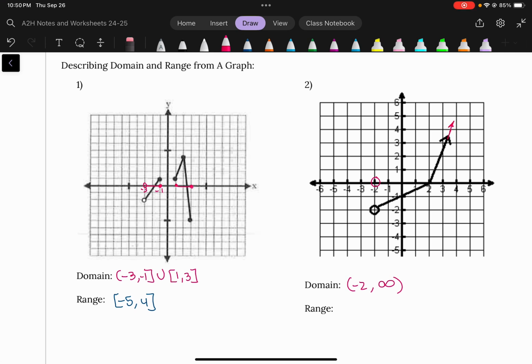So we could also say that the lowest y value is -2 up to infinity. So the lowest y value right here is -2, and every y value is covered by this function. Okay? The open circle, closed circle is what I use to determine whether I'm going to use included or not included, right?